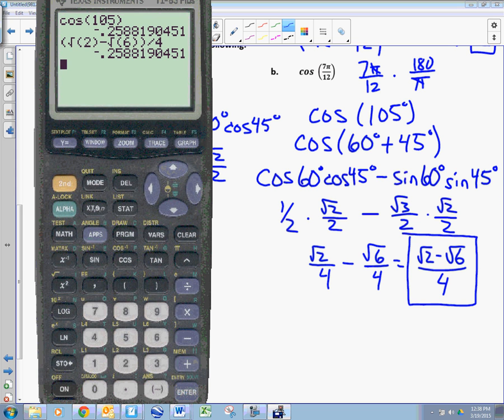So we've found the exact value. Your calculator comes up with an approximation, a very accurate one, but still an approximation. I can teach anybody to type in 105 and press cosine. It's not what I'm testing. Is that fair? Okay. All right.